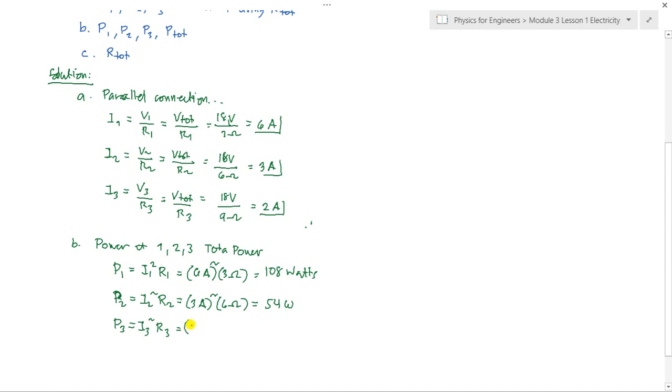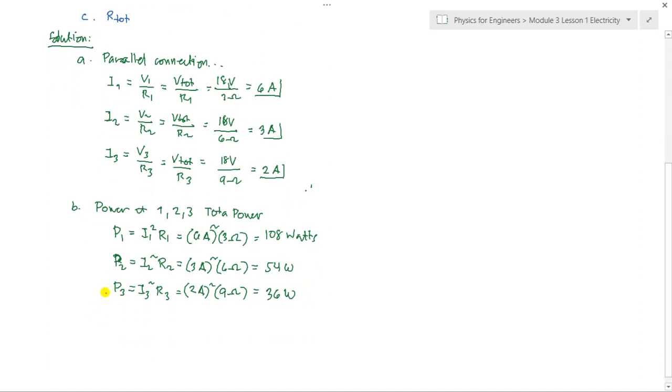So I3 is 2 amps squared times R3, which is 9 ohms. This is 2 times 2, 4, times 9, 36 watts.